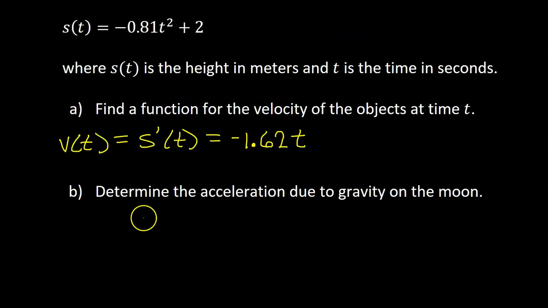Next, we must determine the acceleration due to gravity on the moon. Well, acceleration is the derivative of velocity. Or you could look at it as the second derivative of the position function.